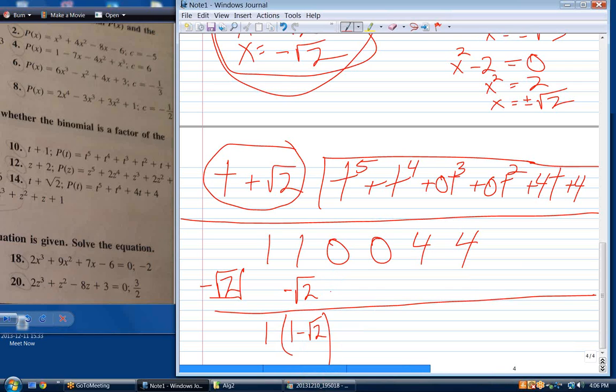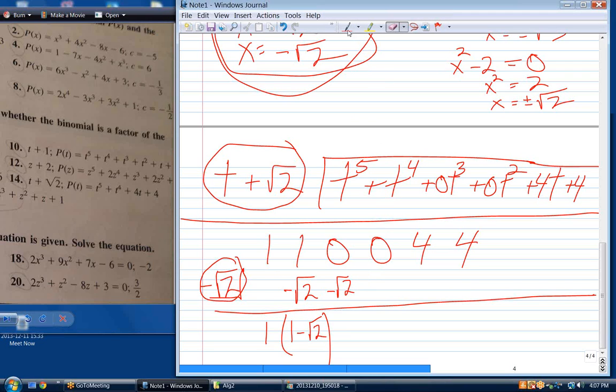The 1 minus the square root of 2? No, got to multiply it by that. Oh, sorry, yeah. So you get the negative square root of 2 times 1. No, you were right. Negative root 2 times negative root 2 is positive 2.